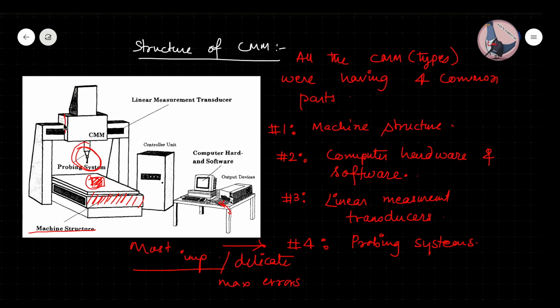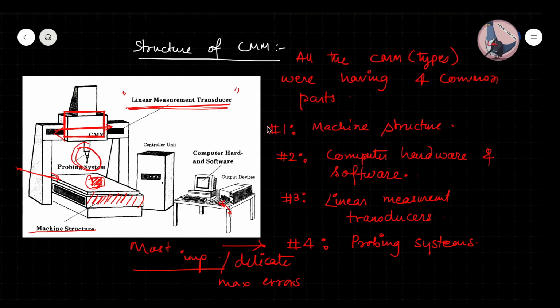The movements of all the components, whether in the machine coordinate system or in the part coordinate system, are taken care of by the linear measurement transducers. Okay, so these are the four things which will be common in any type of CMM, whether bridge, horizontal type, or gantry, whatever the type of the four we have studied above, these four things will be common throughout.